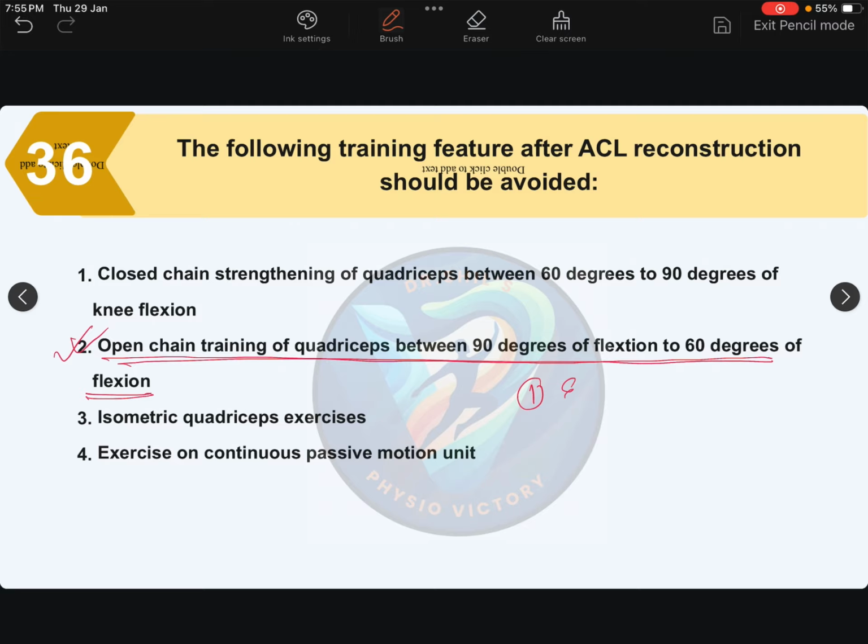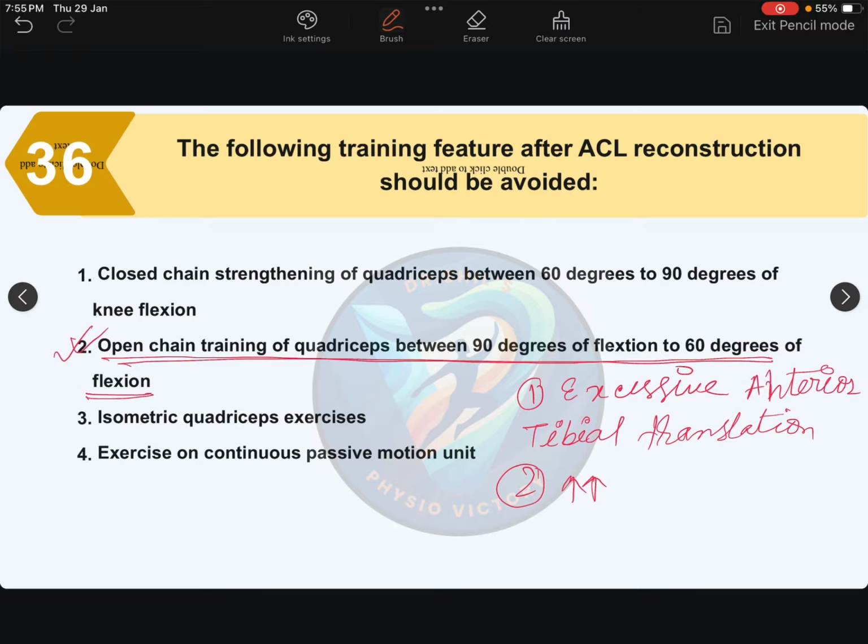First point is excessive anterior tibial translation, and it also increases strain on the ACL graft. Closed kinetic chain is basically safe.